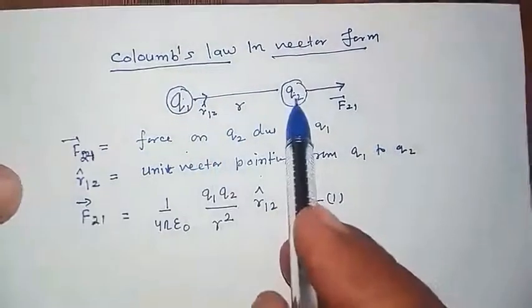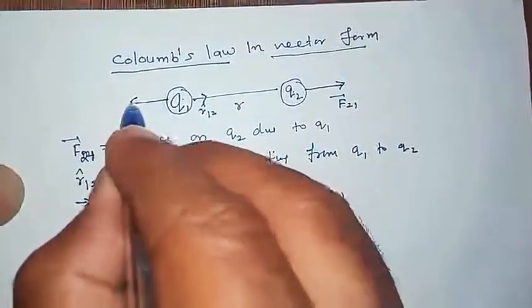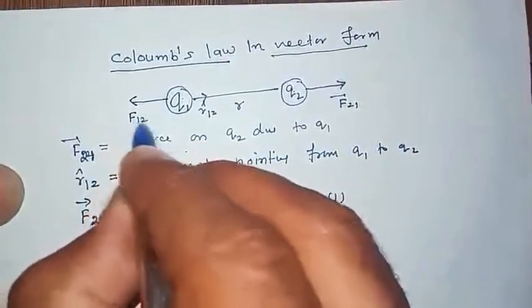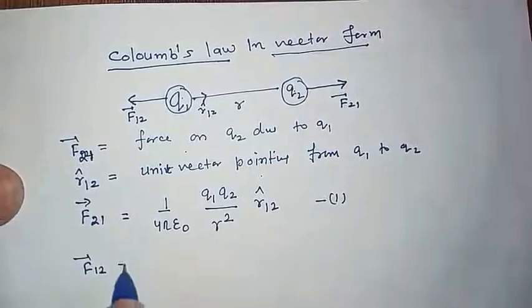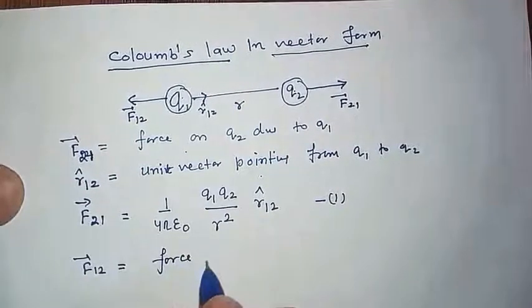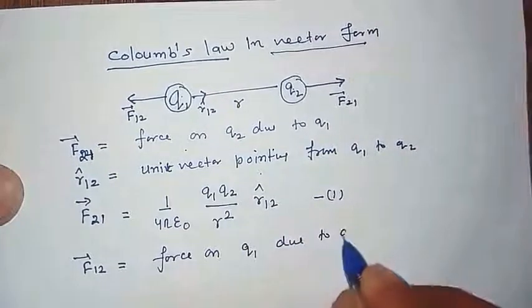Now q2 is also exerting force on q1, and that force is named F12. So F12 is the force on charge q1 due to q2.